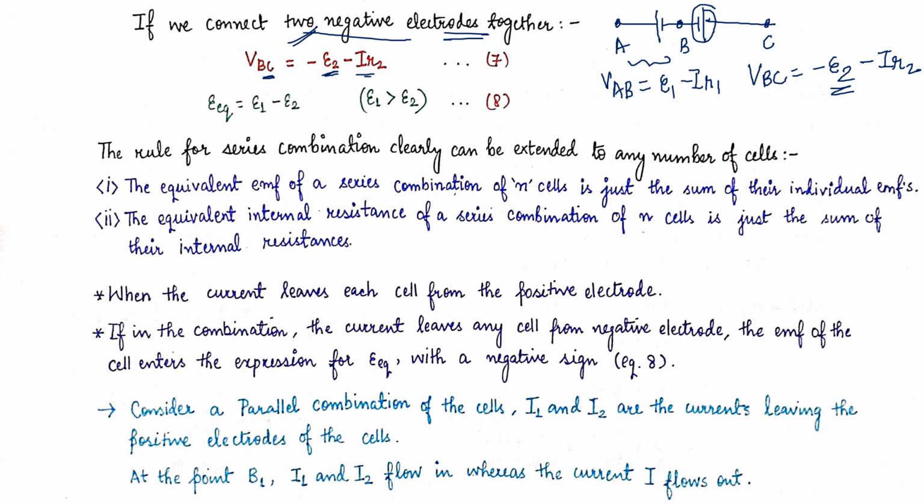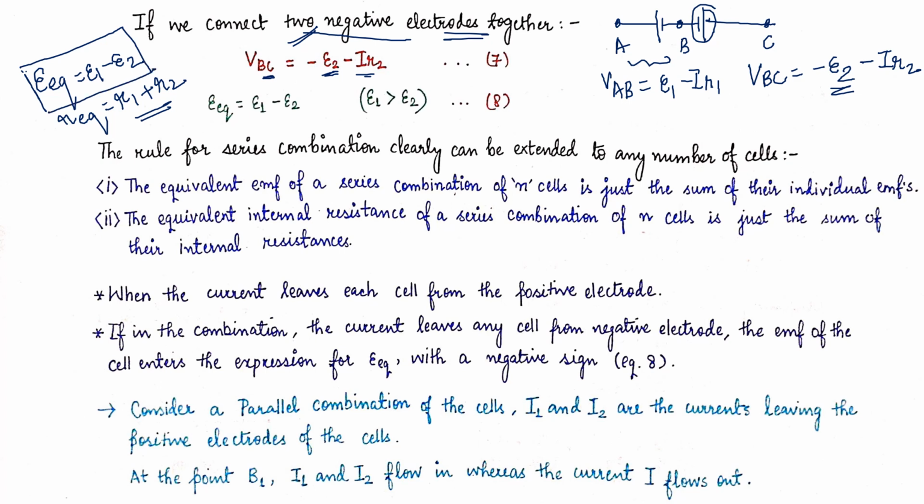Our EMF, electromotive force, or the potential of that particular cell will be reversed. So in this case, E equivalent will become epsilon 1 minus epsilon 2, whereas R equivalent will remain R1 plus R2. There will not be any change in the internal resistance, but there will be a change in the equivalent resistor.